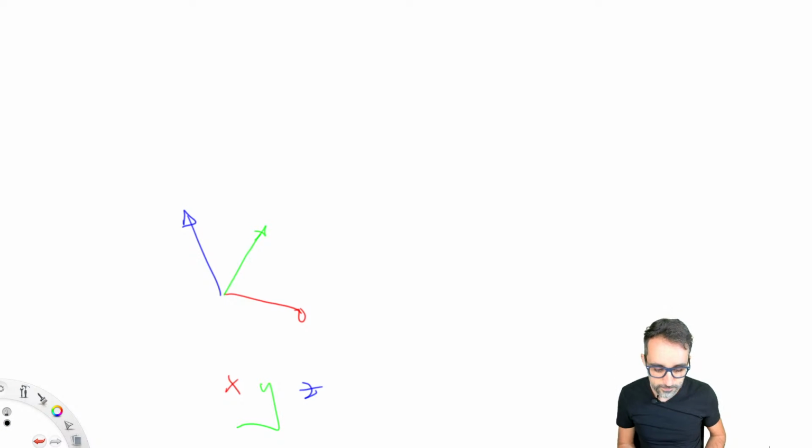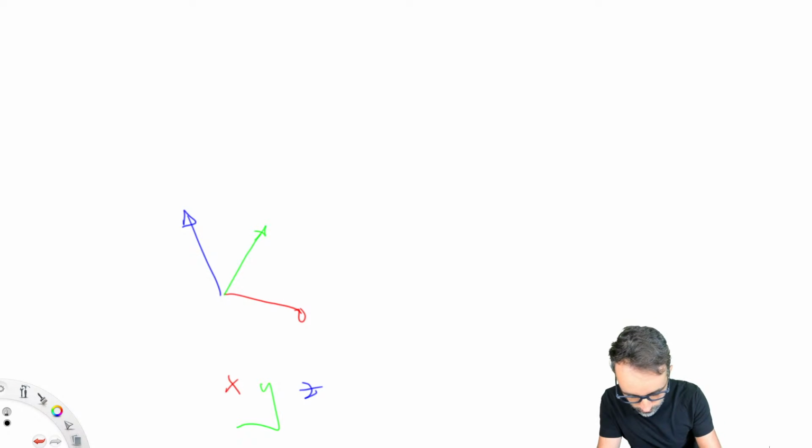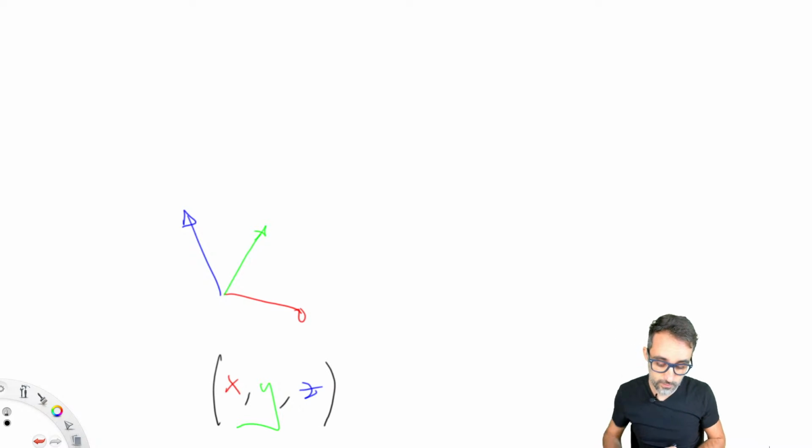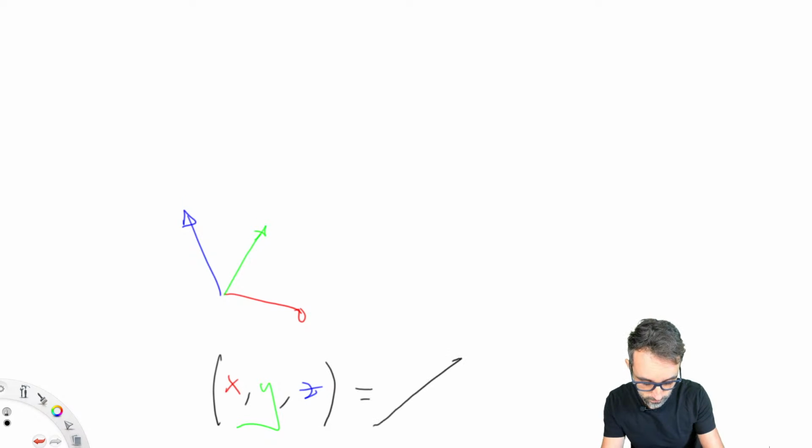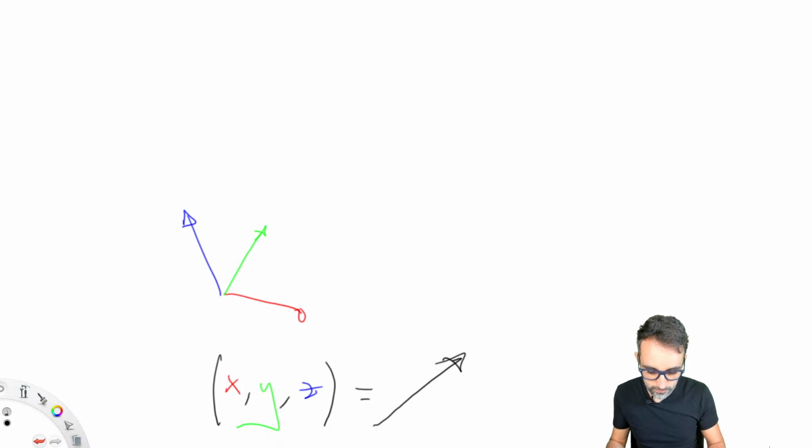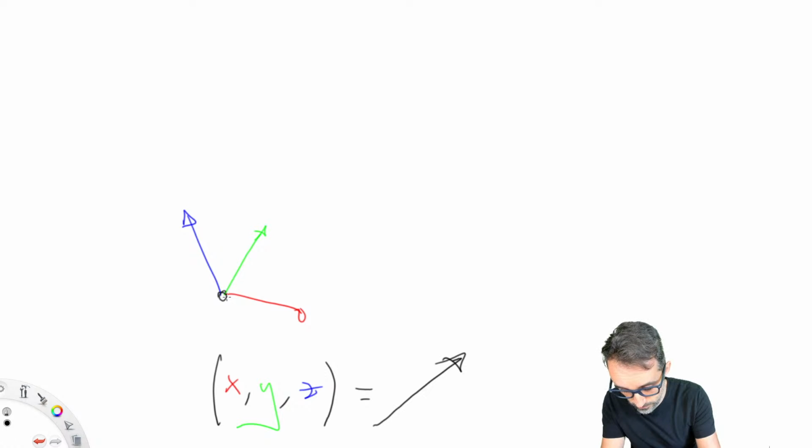So what we can do is create a vector with these coordinates. That vector can be anywhere.